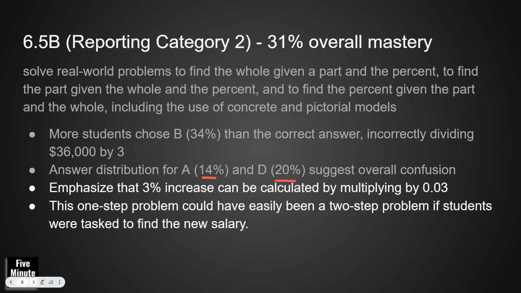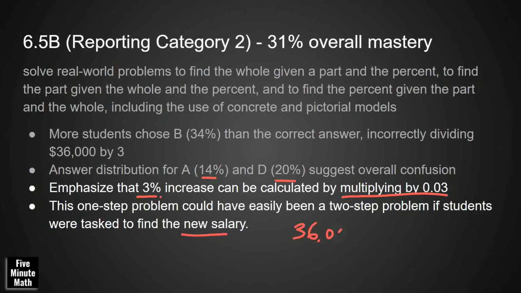So we need to emphasize our instructional implication that we can change the 3% into a decimal, right? Finding 3% of something would be the same as multiplying by 0.03. And this was a quote unquote easy problem. This easy could have been a second step. If they wanted students to find the new salary, they could have said, okay, find the increase. What's the new salary?